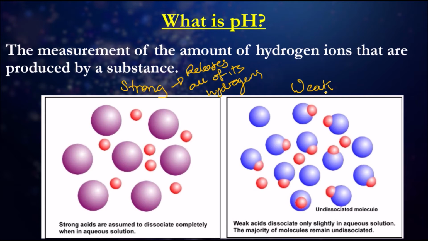If it's a weak acid, you can see that we're still releasing hydrogens, but the majority are stuck onto the original acid. So with a weak acid, it releases very few amounts of hydrogen.